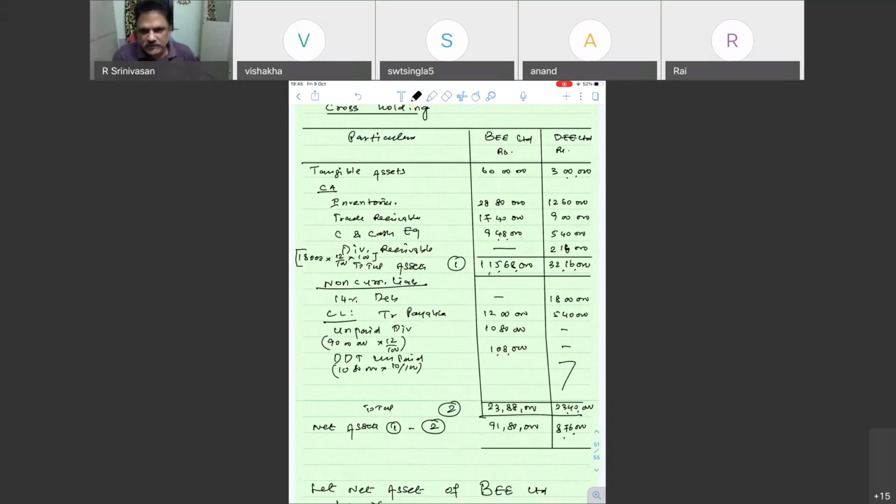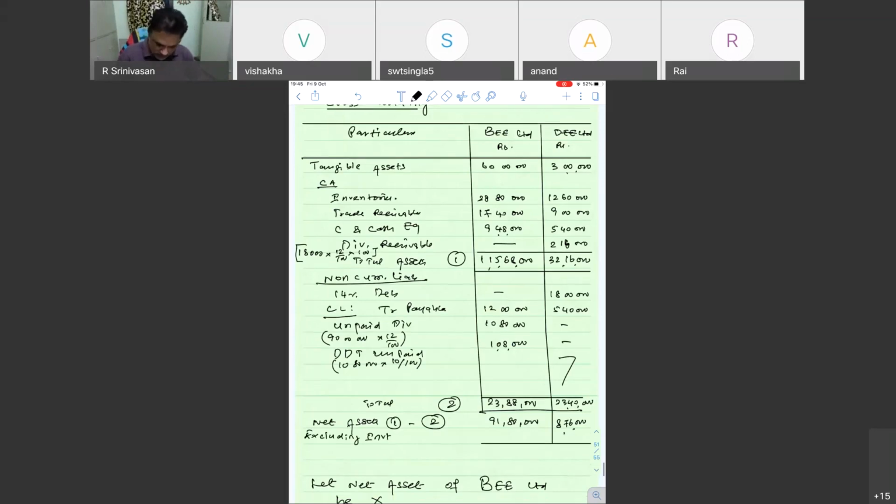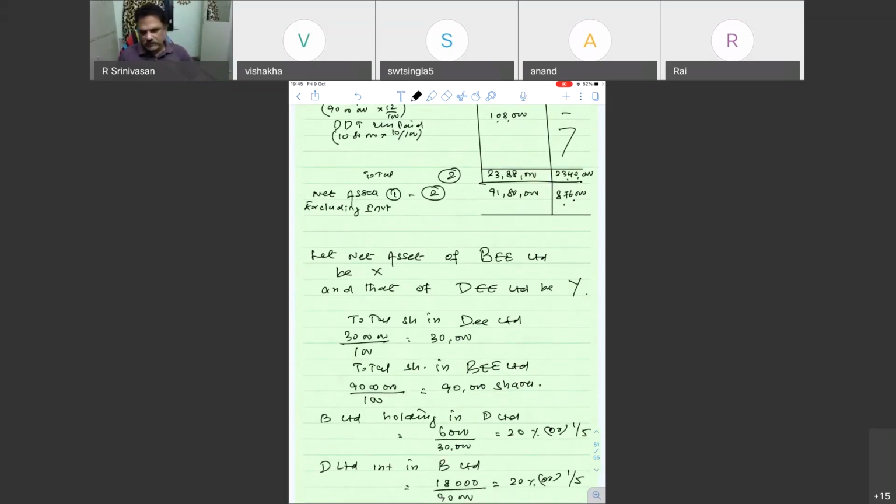Little confusing? Before considering investments, we have taken the net asset excluding investments. This we have taken.